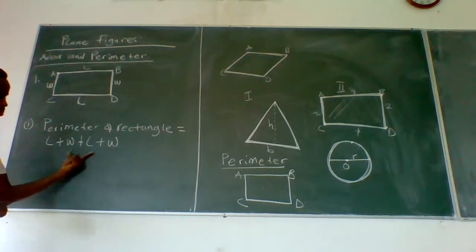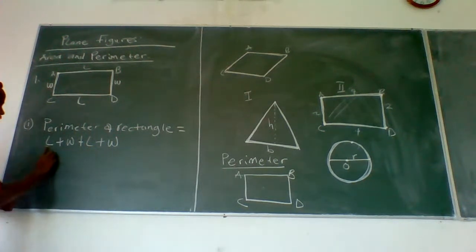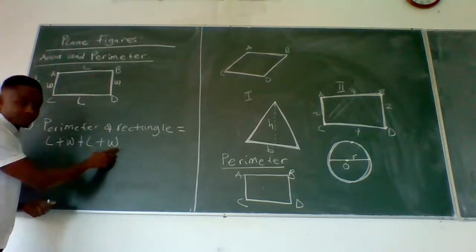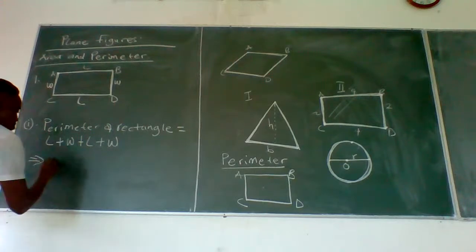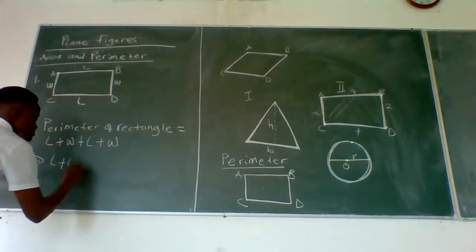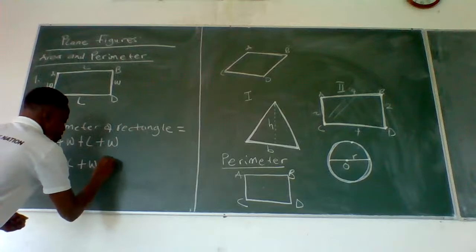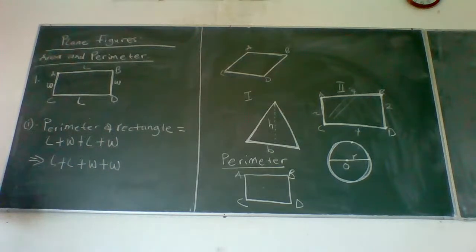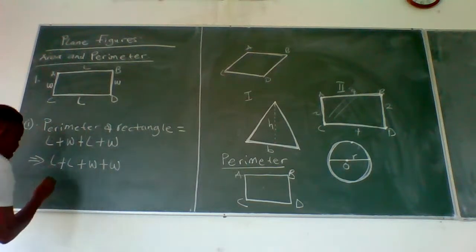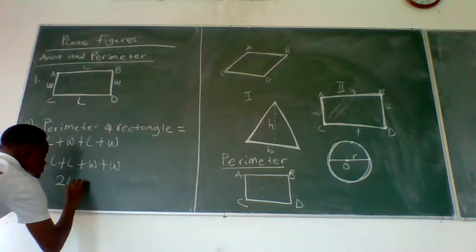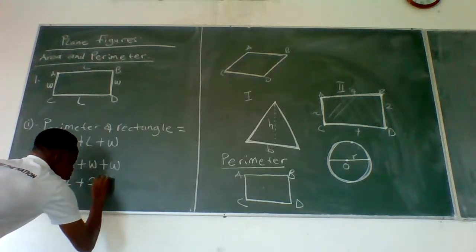So with this, we have L plus W plus L plus W. So what we do is we group like terms. So this implies that we have L plus L plus W plus W. Since these are like terms, we can operate on them. So L plus L will give us 2L, and W plus W will give us 2W. So at the end, we have 2L plus 2W.